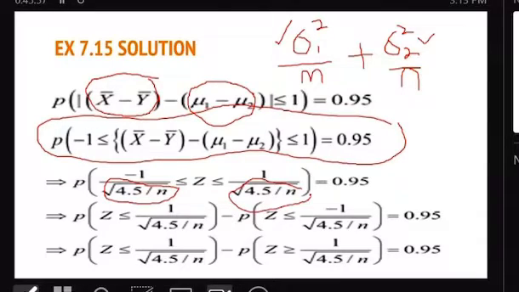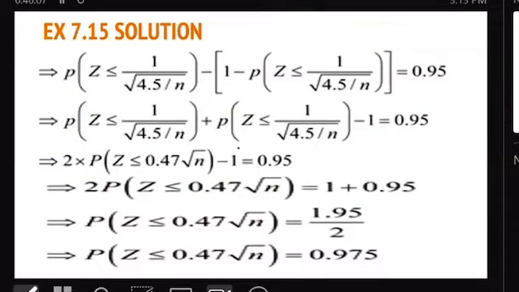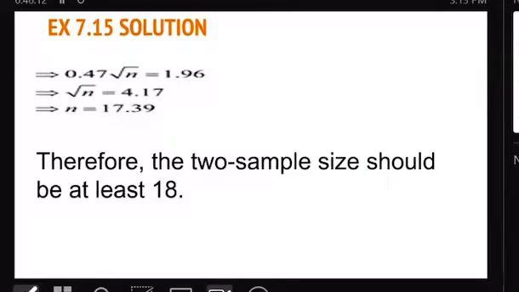And when you find yourself there, you want to find the probability of Z less than or equal to that minus that equal to that. By the time you do what you're supposed to do, you're going to end up getting the sample size.